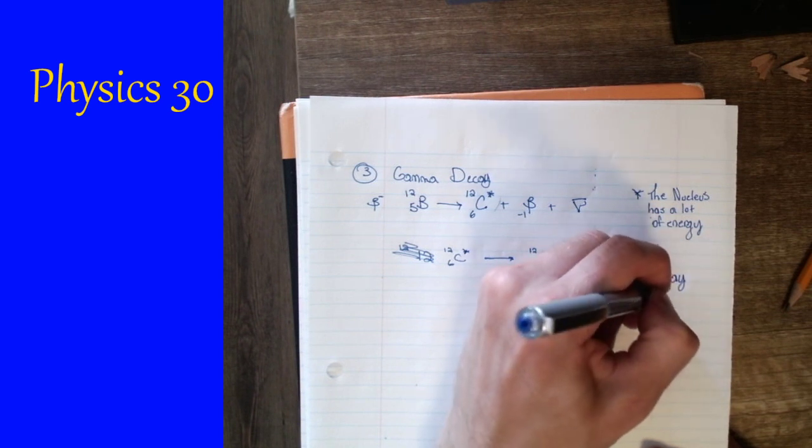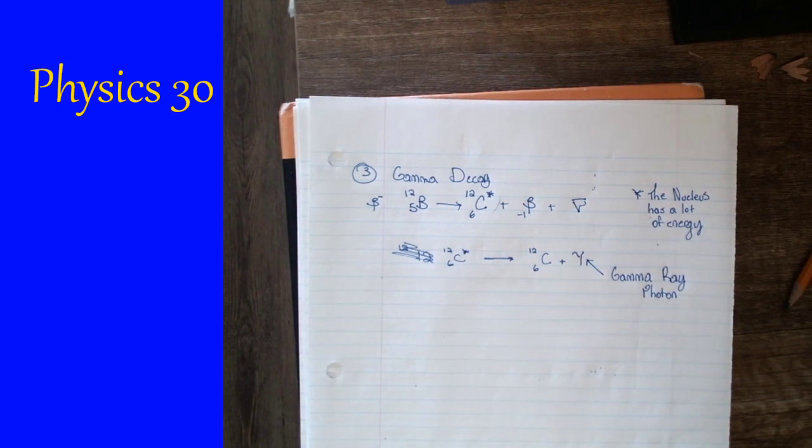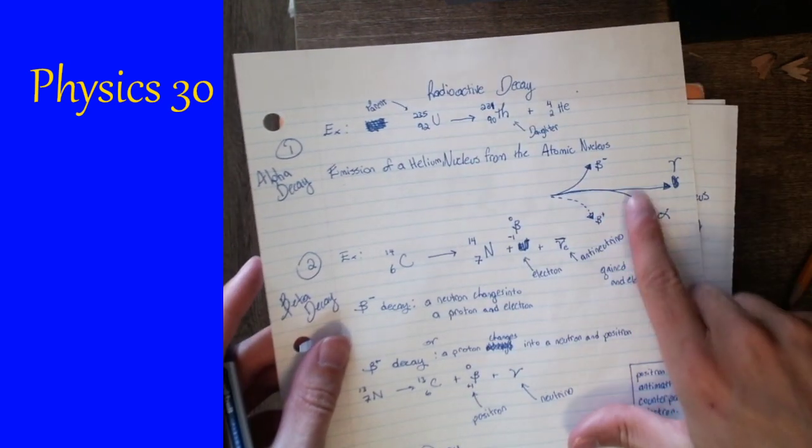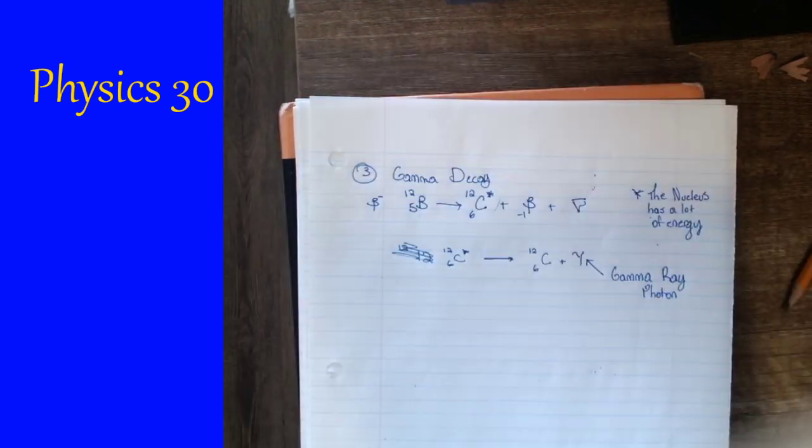So the photon is the particle of light. It's a gamma ray, so it's a photon in the electromagnetic spectrum of gamma rays, and so it has a lot of energy. It's also neutral because photons are neutral, so that's why we got this description here. So I hope that makes sense. So that's gamma ray photon.